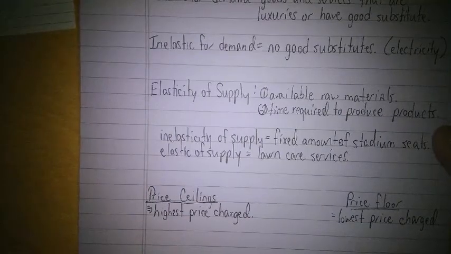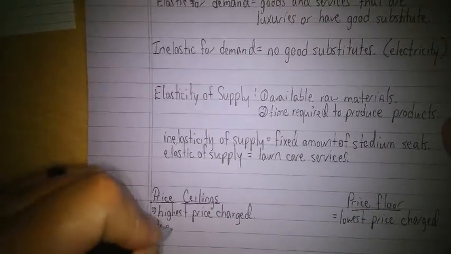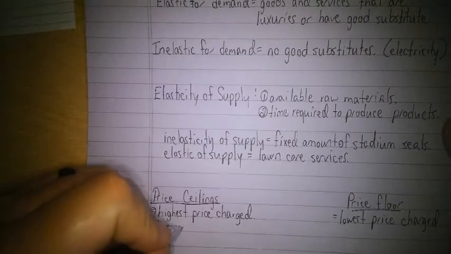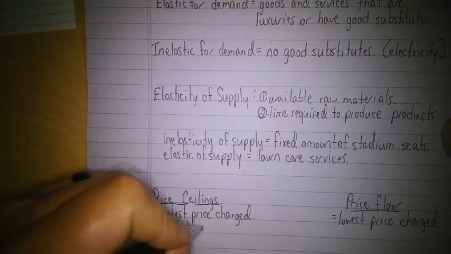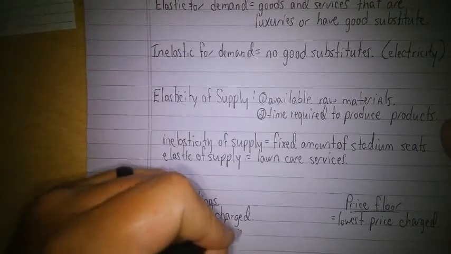All right, underneath price ceiling, it says the price is generally set below the equilibrium price and results in a shortage. Okay, that's the next part. Put down below equilibrium under ceiling. They set it below equilibrium and it usually causes a shortage.